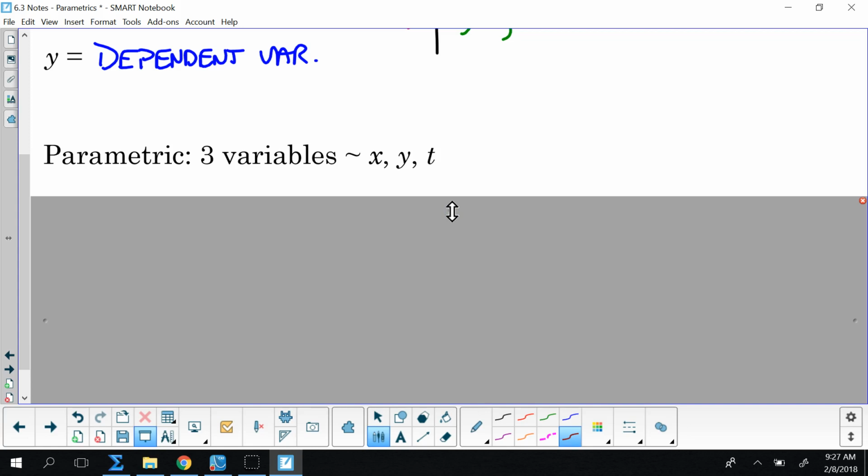So parametrics have three variables. Now, we still want to graph it on a two-dimensional plane and a Cartesian coordinate system. So somehow we've got to work those together. And the difference between parametrics is that t is what's called the parameter.